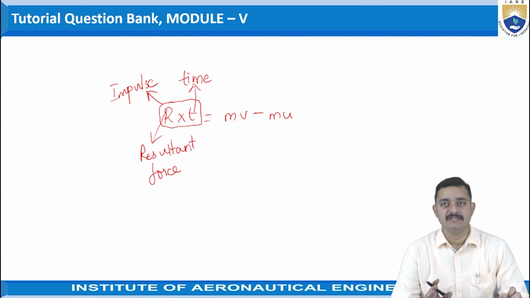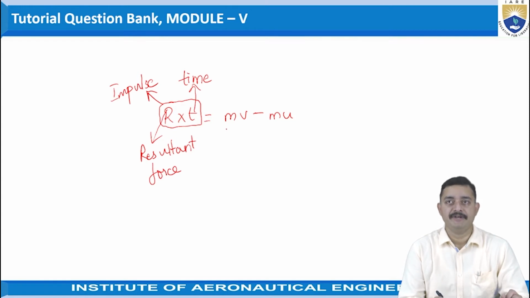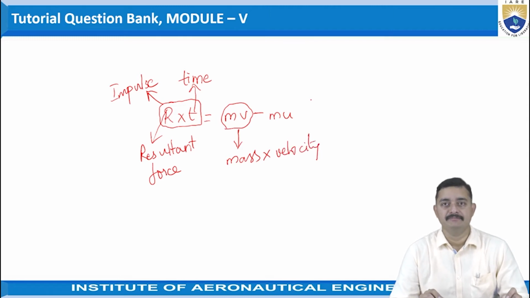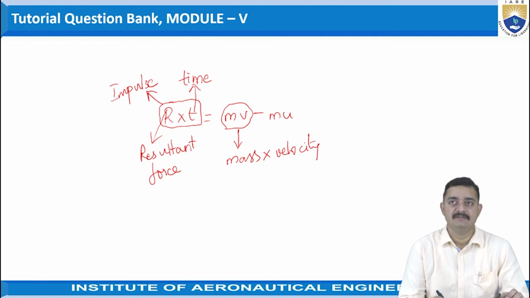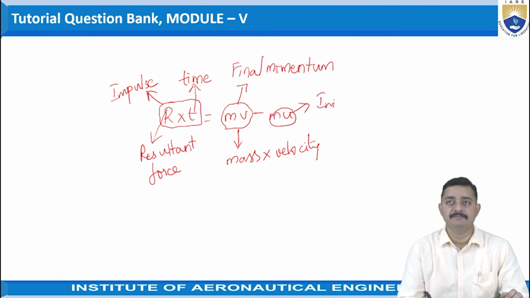And this is equal to the change in momentum. We know that the product of mass and velocity is momentum, and the change in momentum is the final momentum minus the initial momentum.